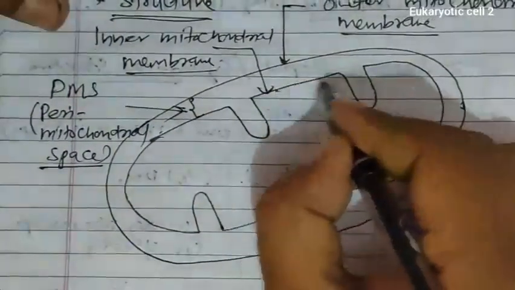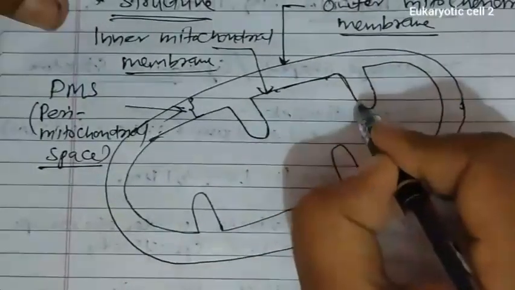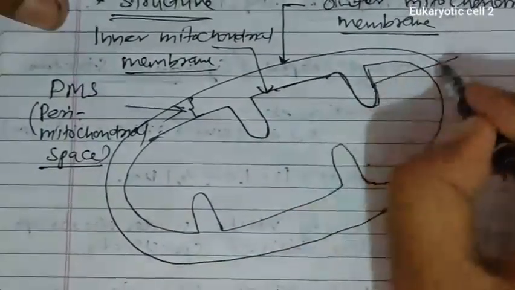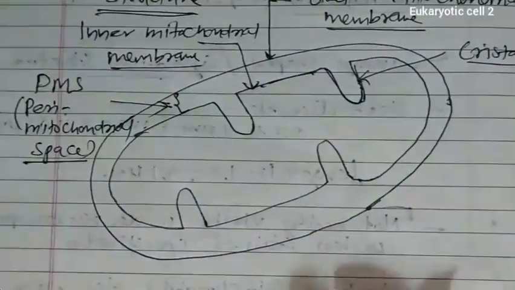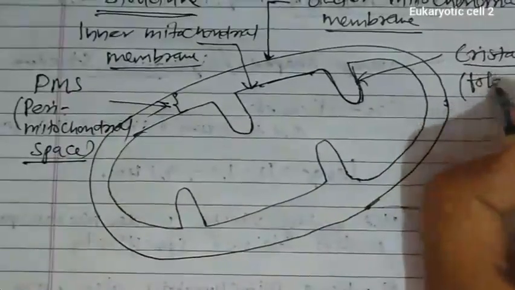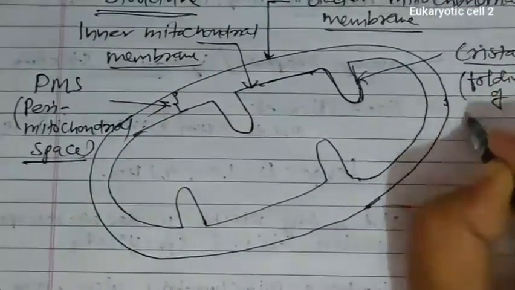This is the inner mitochondrial membrane, and these are the foldings of the inner mitochondrial membrane. These foldings of the inner mitochondrial membrane are known as cristae. So these are the foldings of inner mitochondrial membrane.